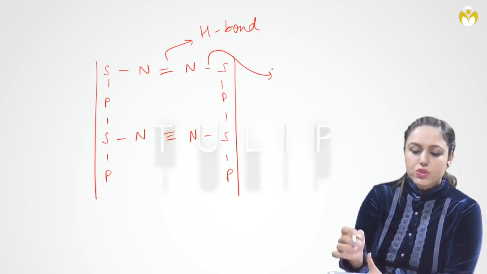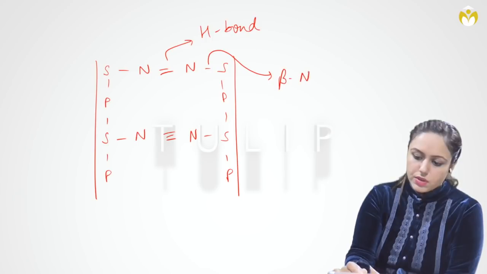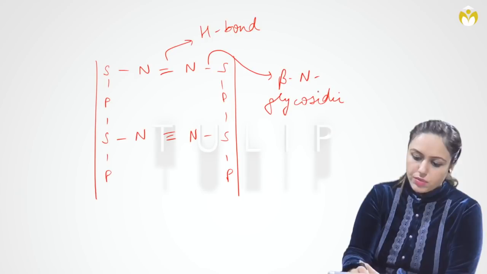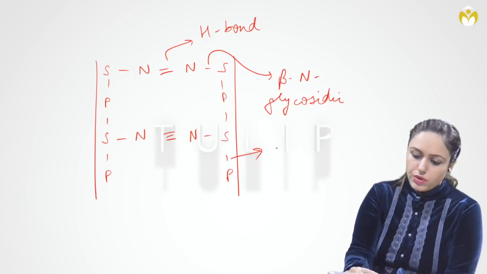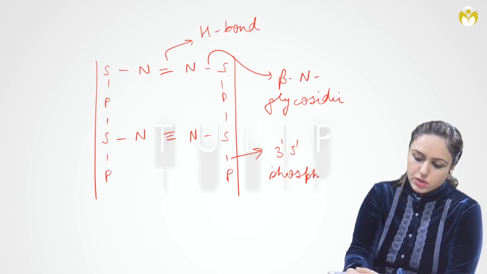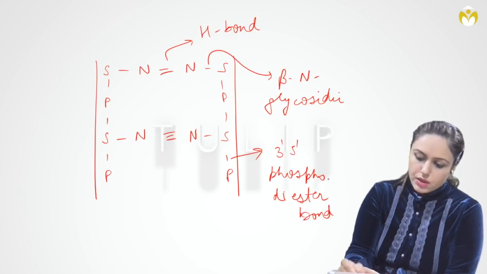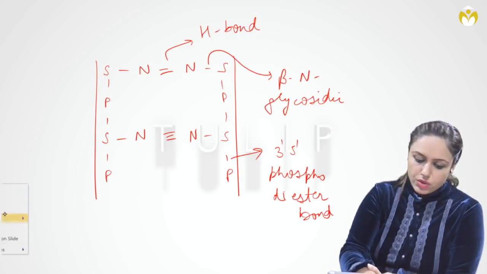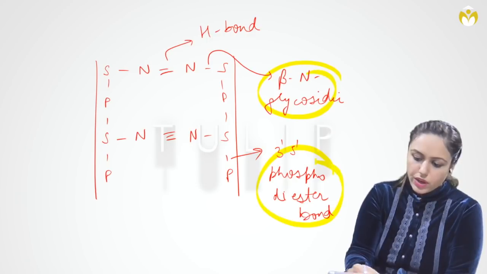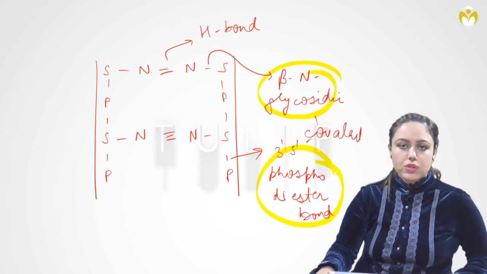In between nitrogenous base and sugar, this is beta N glycosidic bond. In between sugar and phosphate, we have 3'-5' phosphodiester bond. This beta N glycosidic bond and 3'-5' phosphodiester bond, both of these are covalent bonds, that is strong bonds.